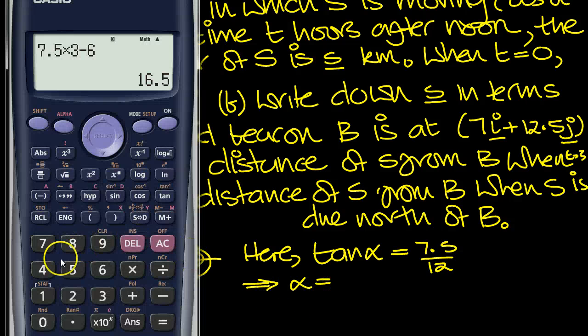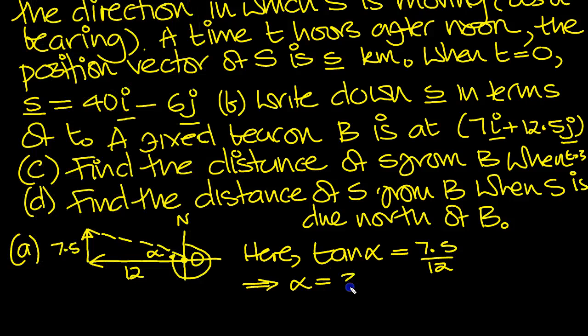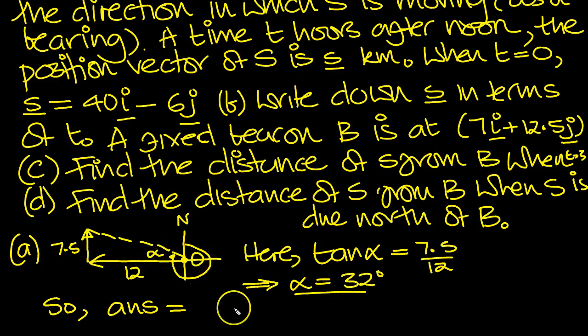Let's type it in the calculator: inverse tan of 7.5 over 12. 32.00, so it's 32 degrees to the nearest degree. So the answer is, we've come around 90, 180, 270 and 32 more, so it's a bearing of 302 degrees. So that's part A.